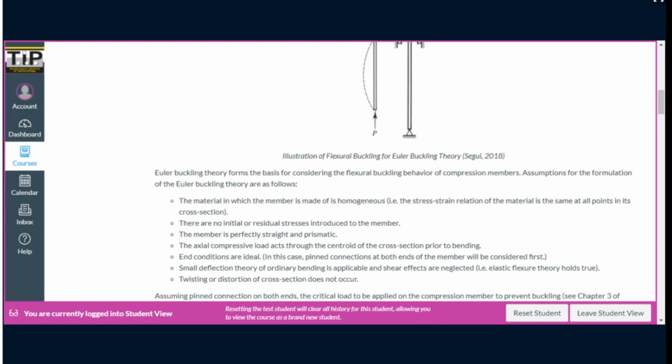We only want the deflection caused by the load itself. We do not want the deflection caused by the eccentricity.